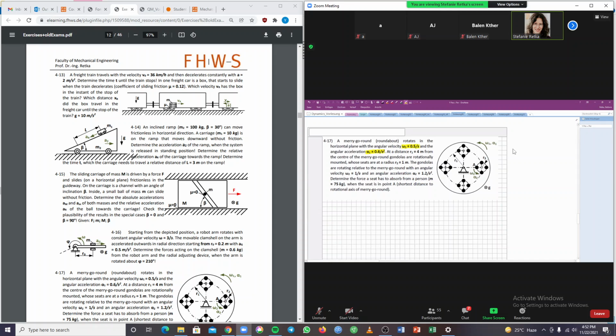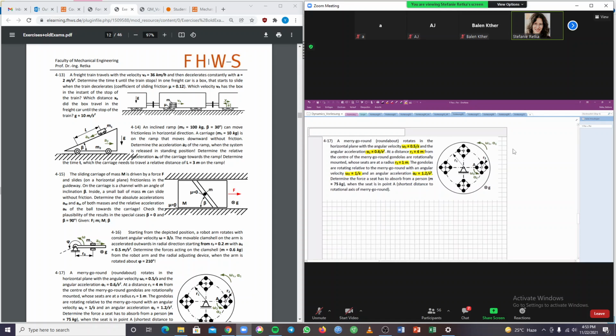At a distance of 4 meters, as indicated in the diagram, there are gondolas, like a smaller platform with 4 seats. This platform itself has a radius R2 of 1 meter, and they rotate relative to the bigger platform with an angular velocity omega 2 and an angular acceleration alpha 2.